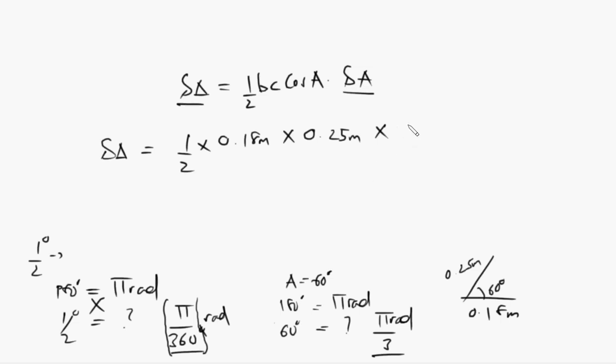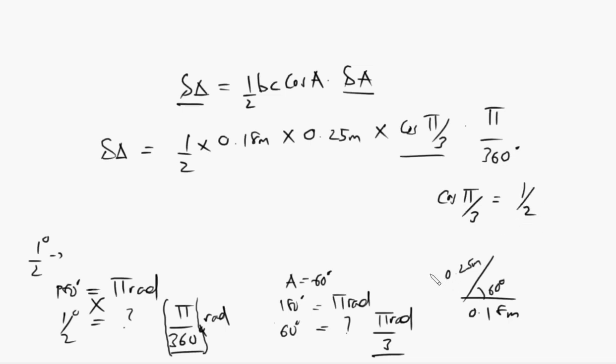So hapa sasa itakuwa ni cos ya A ambayo ndio hiyo hapo tumeita pi over 3 times delta A sasa ambayo ni hii 1/2 degrees ambayo sasa ni pi over 360 radians. Cos ya pi over 3, cos ya 60 inajulikana, ni half. Yes.